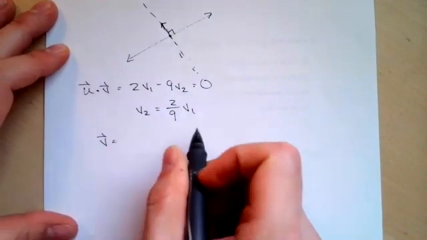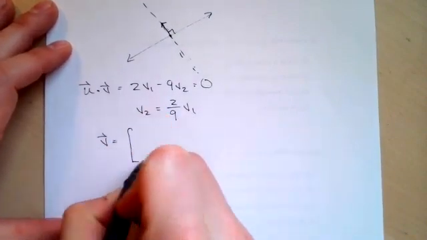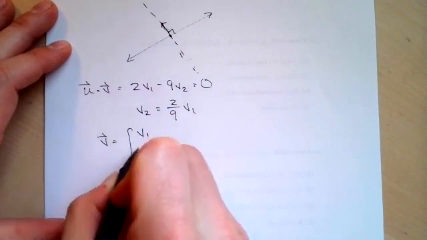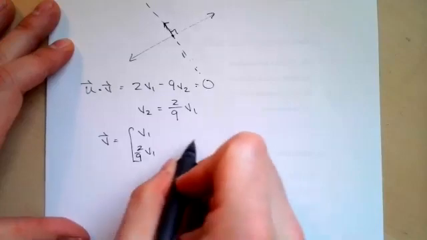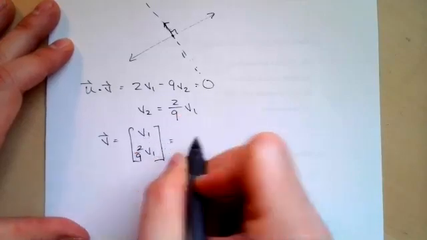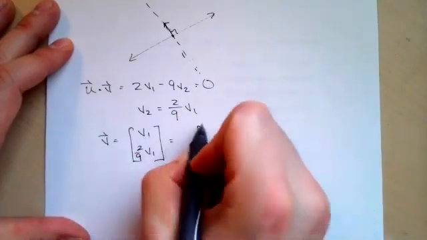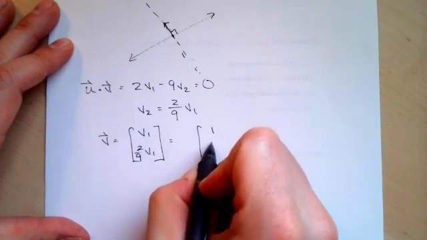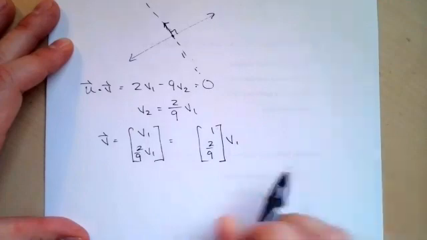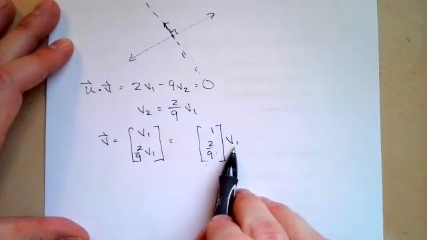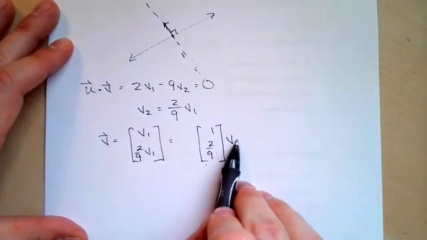And so what's this going to imply? That our vector v is going to have the form v1 and then 2/9 v1. In other words, it's going to be all scalar multiples of this vector with a free choice of whatever scaling factor we wanted.